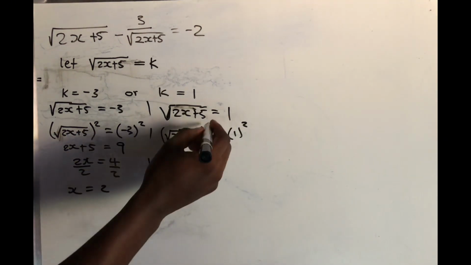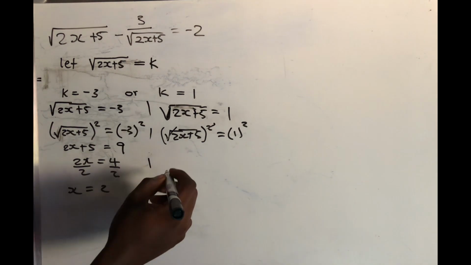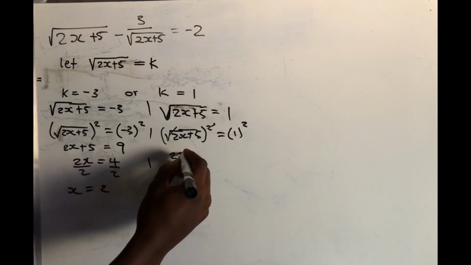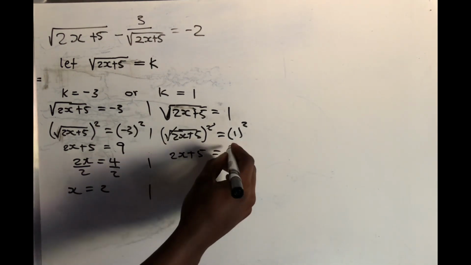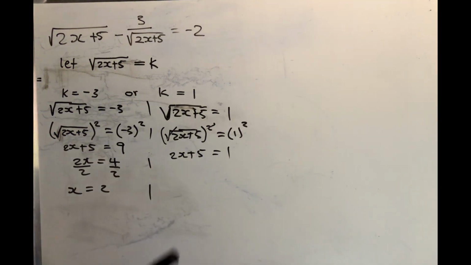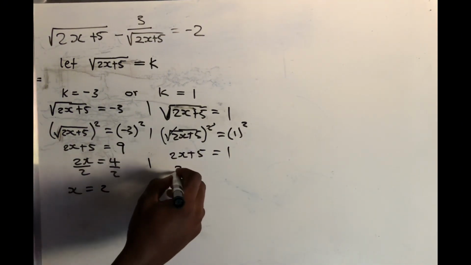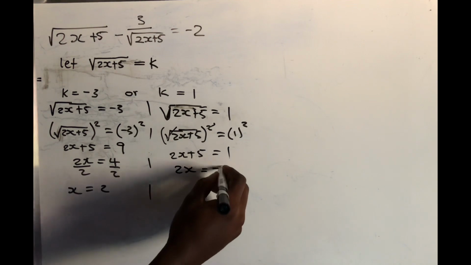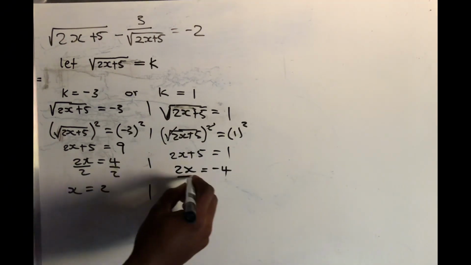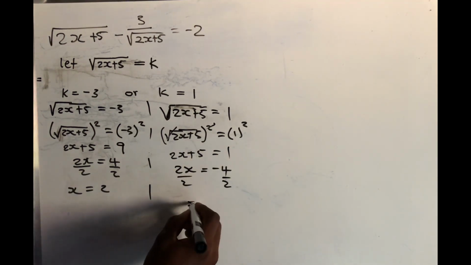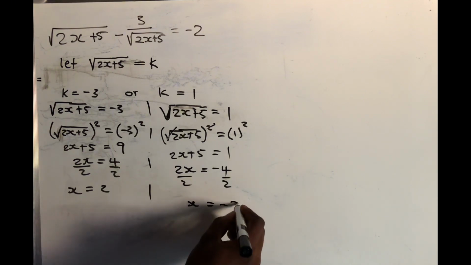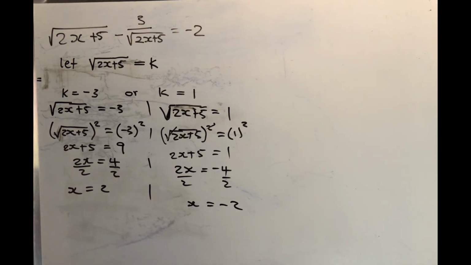The square will cancel the root sign, and you'll have 2x plus 5 equals 1. Take the 5 to the other side: 1 minus 5 gives negative 4. 2x equals negative 4. Then you divide by 2 on both sides. x equals negative 2. Now you found x to be negative 2 or x to be 2.